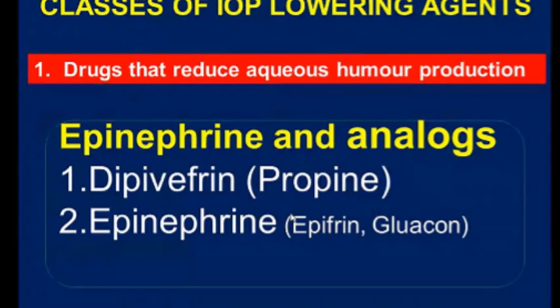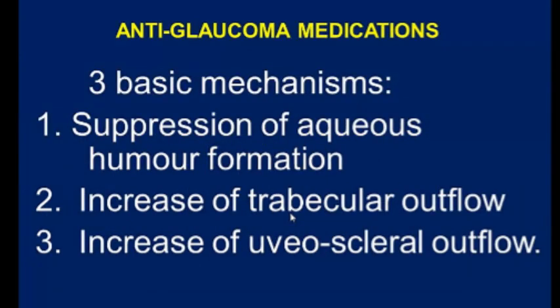Another class of drug under this is epinephrine and its analogs. So dipivefrin, or what we popularly call Propine, is one example. Epinephrine is another example. Like I said, there are three basic mechanisms of anti-glaucoma medications. The first is they lower aqueous humor production.